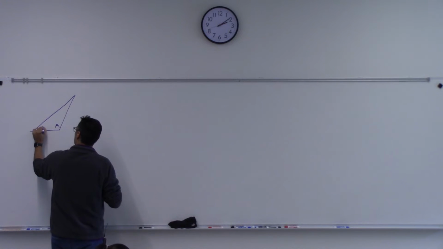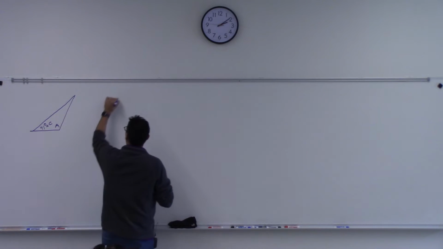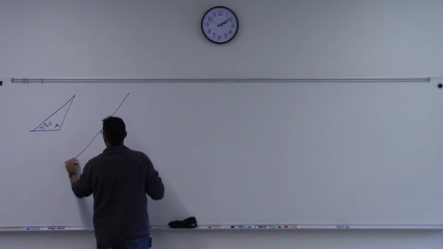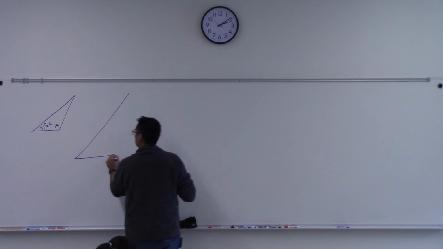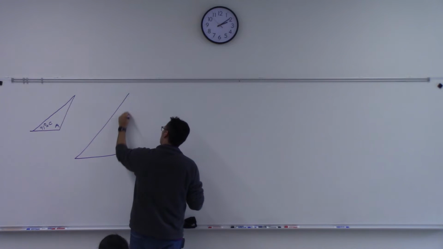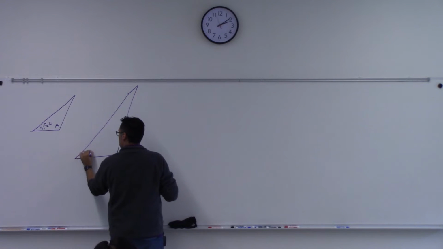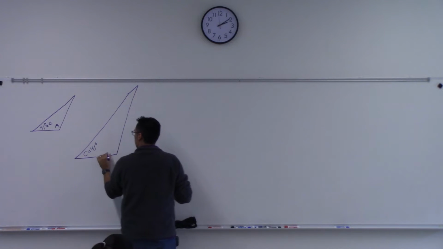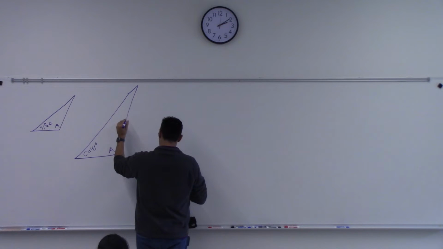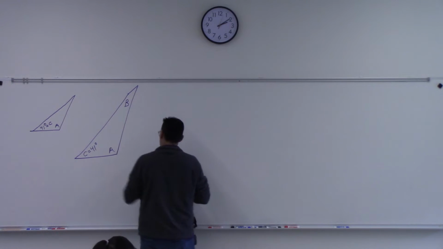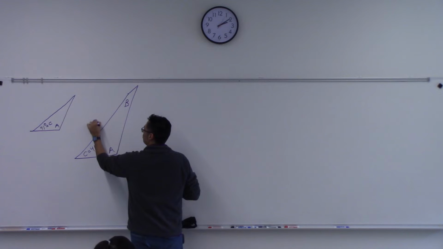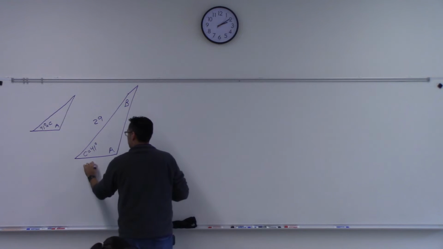Let's let this 41 degrees be C. Let me draw it bigger for you. Terrible, terrible triangle. C equals 41 degrees. This is A. This is B here. And then I'm going to give you that this is 29 and that this is 13.